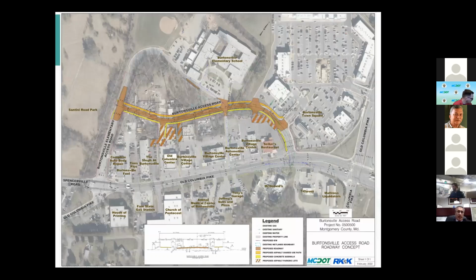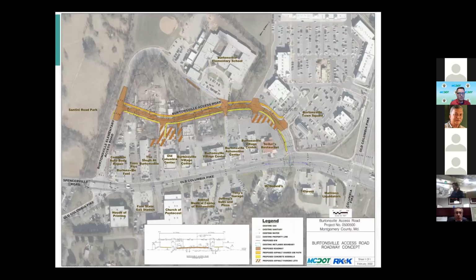Good point. Obviously, I have no control over the operation of the school and the circulation that they have. But we are working very closely with them. I worked with them closely the first time around, and I'm working with them closely again to address any issues that they have and improve their operation.